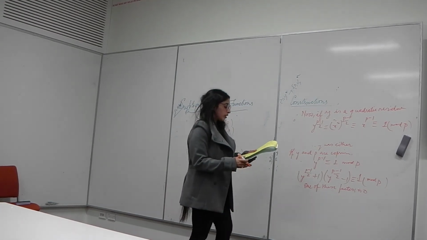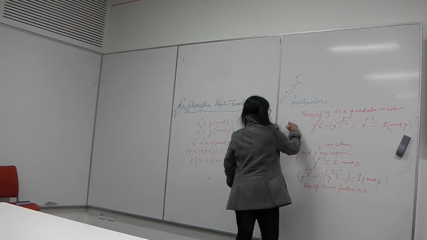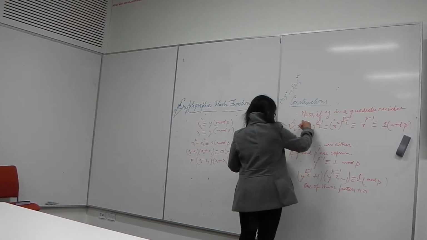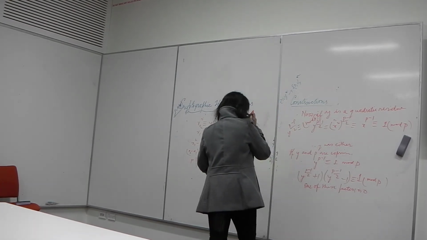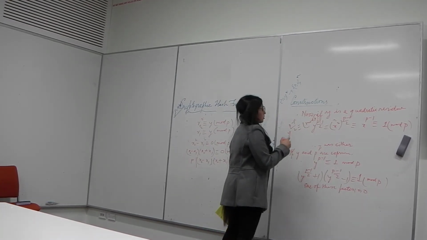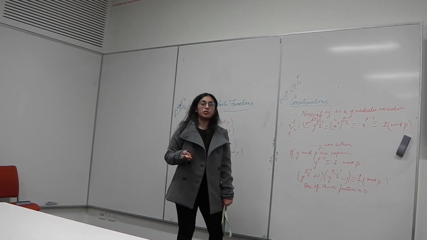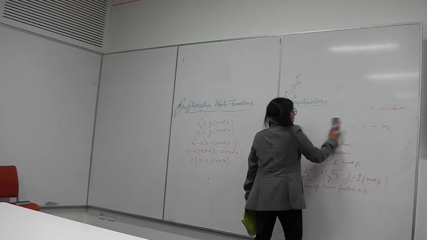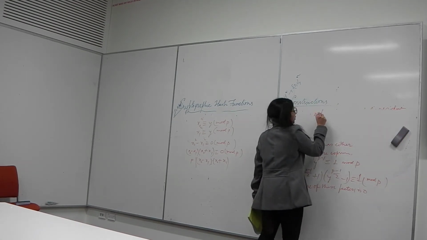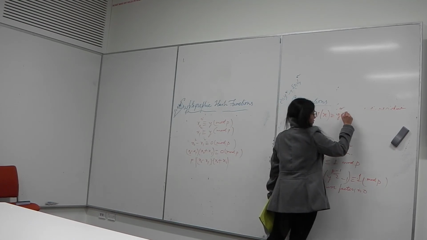If y is a quadratic residue, it should satisfy this property. So this quadratic residue problem is easy to solve with a prime modulus. But the hash function we were talking about was this.